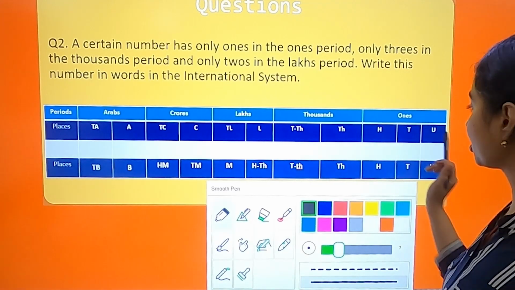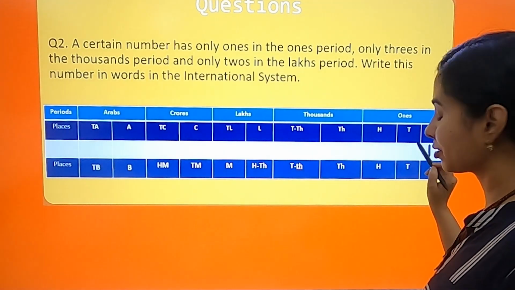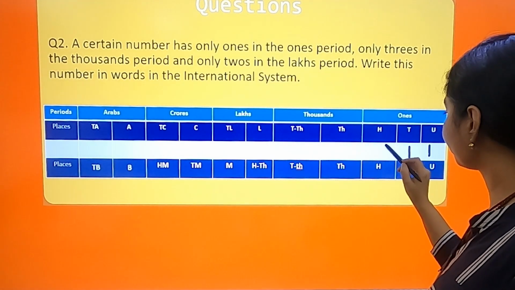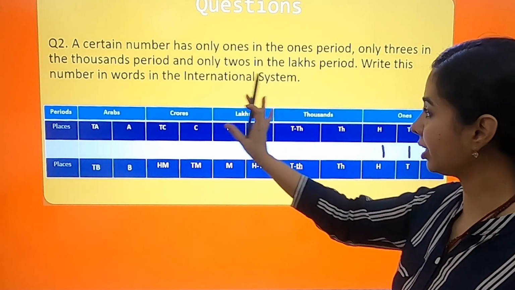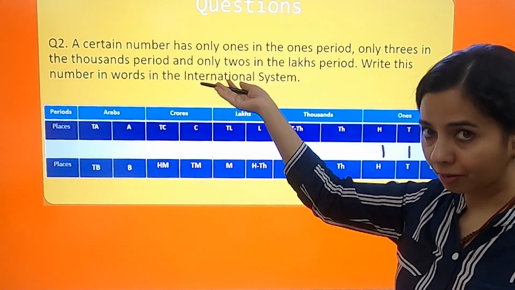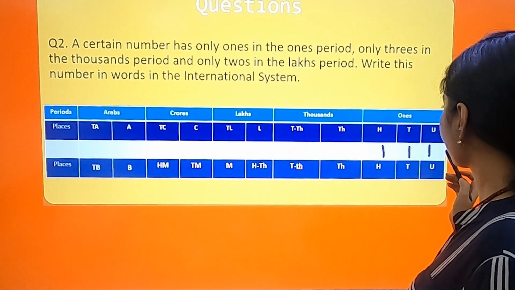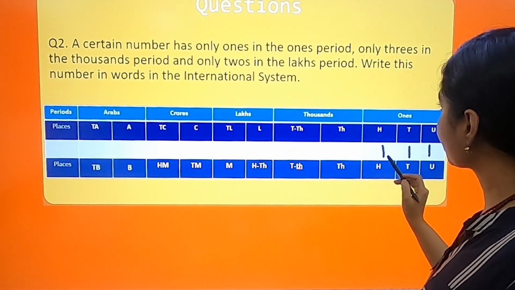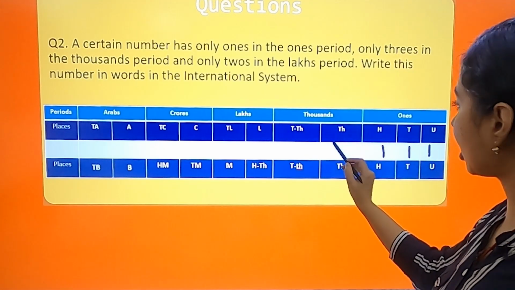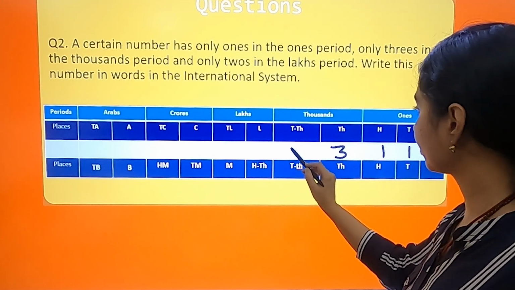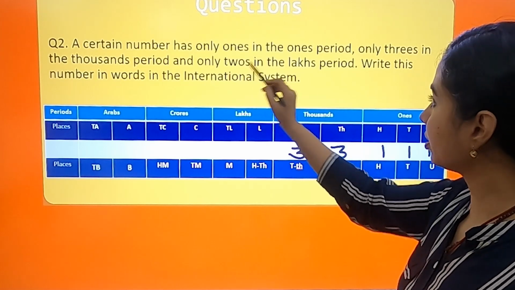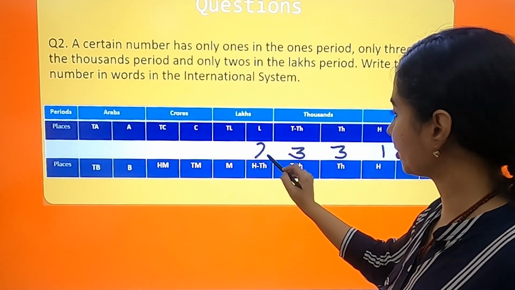We have written these periods according to the Indian system because that is how the digits have been mentioned to us. So only ones in the ones period, only 3's in the thousands period, and only 2's in the lakhs period.